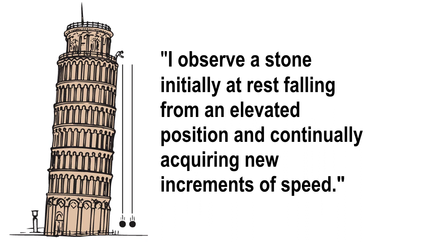So that means that on the way down, it's getting faster and faster. Now he didn't have a radar gun and he didn't have a speedometer on that object that he drops from rest from an elevated position. But if he did, he would see something else.